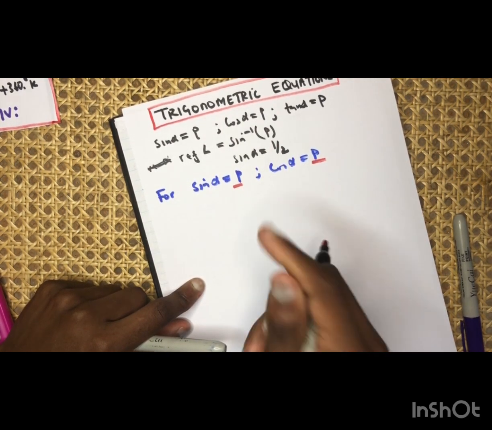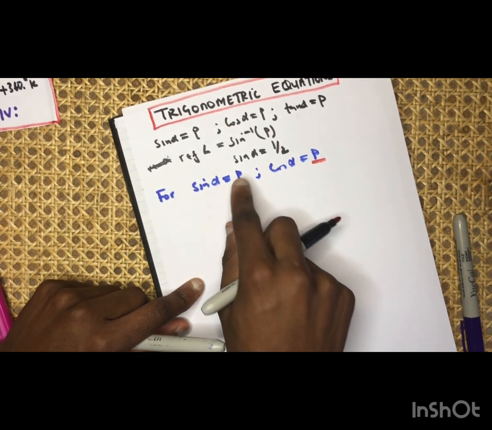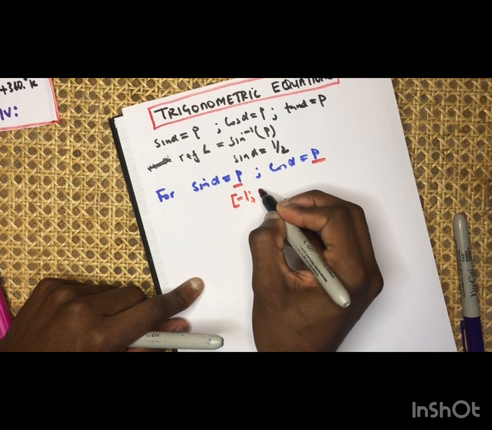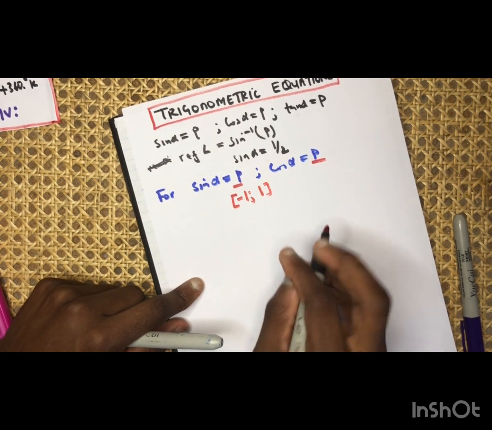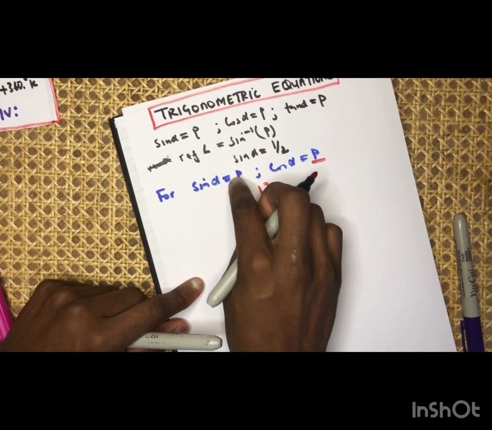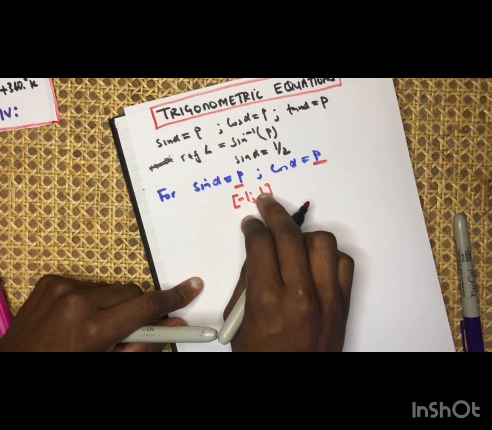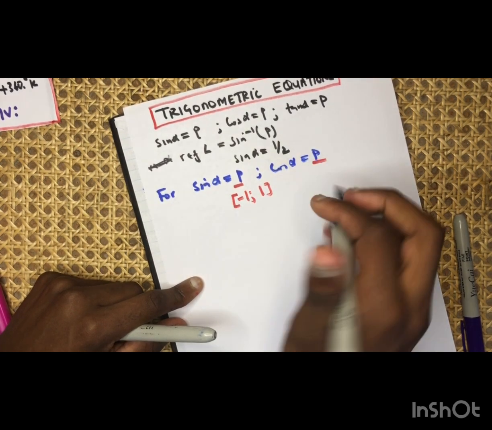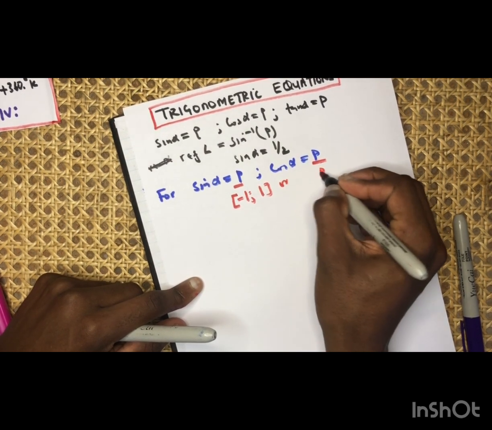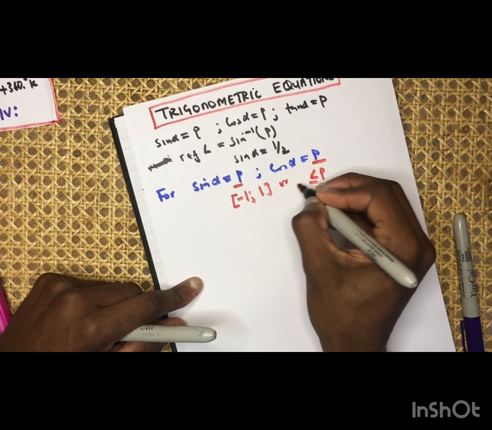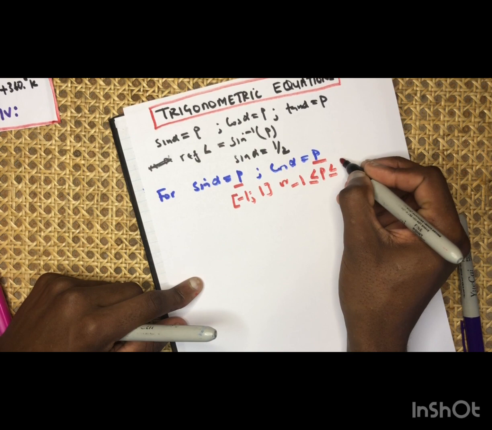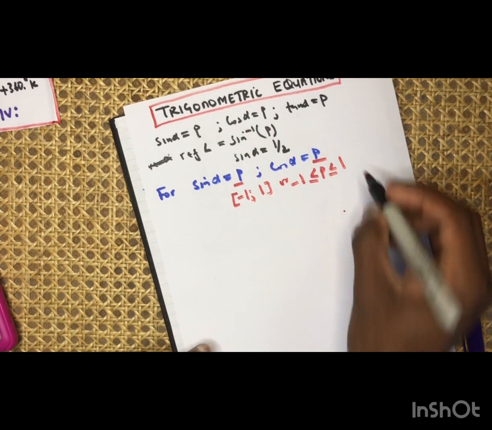In other words, the value of p must be in the interval from -1 to +1. If p is bigger than +1 or less than -1, there will be no solution for sine and cos. Which means p must be greater than or equal to -1 but less than or equal to +1. So this is your interval.